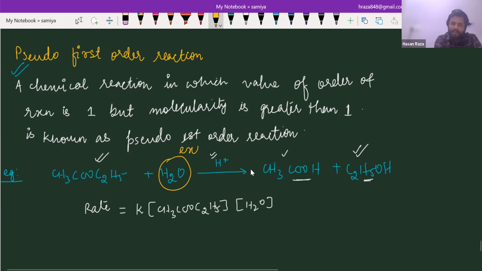Since it is in excess, I am going to take H2O as constant, because it is in a very large amount. We can consider water as constant.